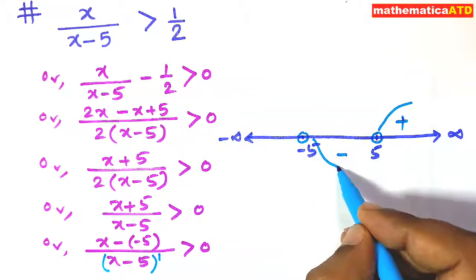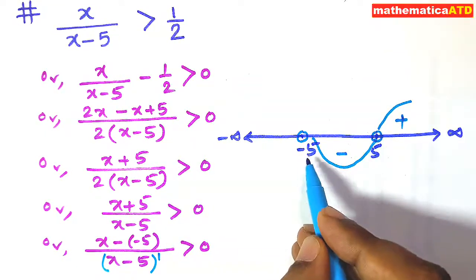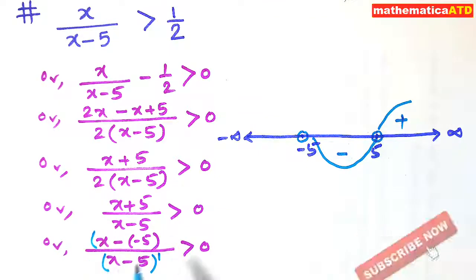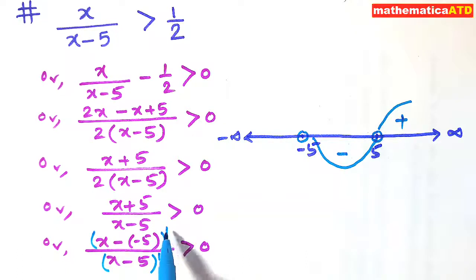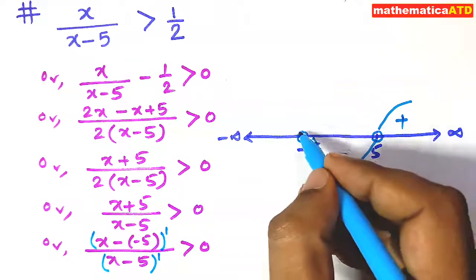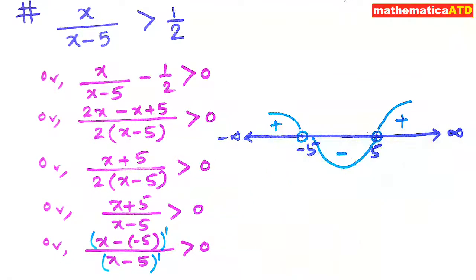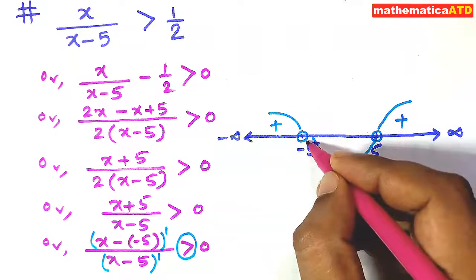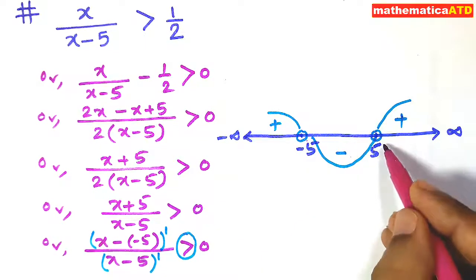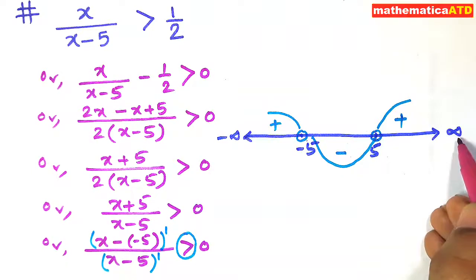Next critical point is -5, and the power of this factor, that means x + 5, is 1. 1 is again an odd number. For this, we have to change the sign. This is positive. Now friends, what is the inequality sign? This is greater than sign. For this, we have to take only the positive part. That means from negative infinity to -5 and from 5 to positive infinity.